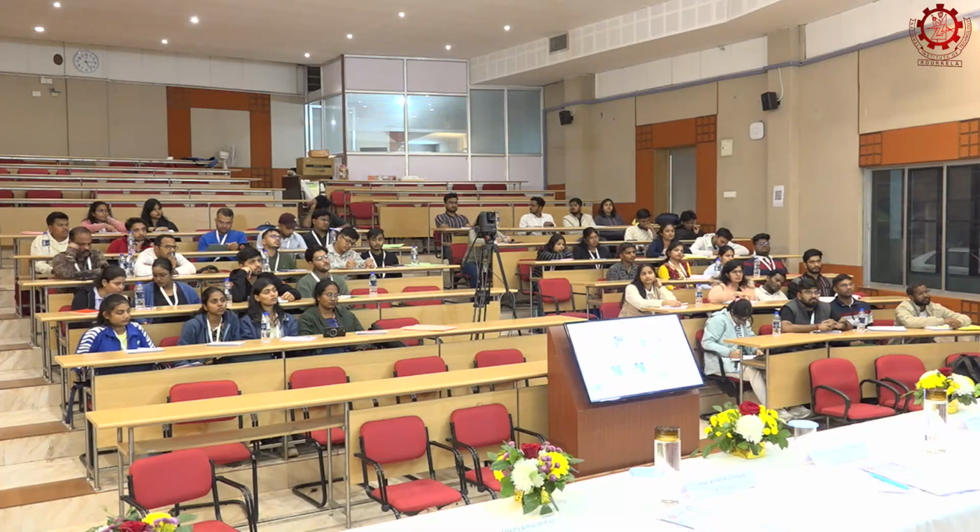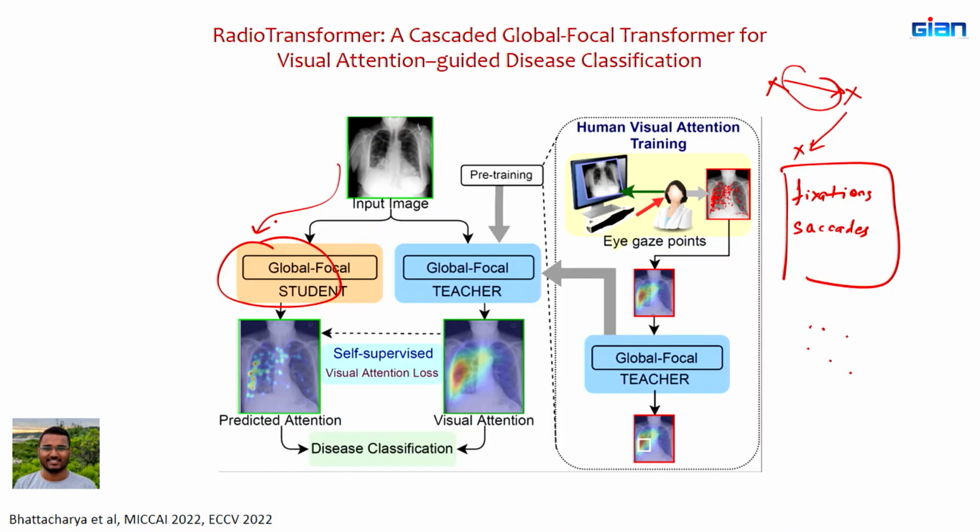So what that means is, we have eye gaze data during training, we do not have eye gaze data during testing, but we still want to be able to use the model that we have trained with the eye gaze data. How do we do that? We have another model called the student model, which takes as input only the image. It doesn't take the eye gaze as input, because there is no eye gaze in testing.